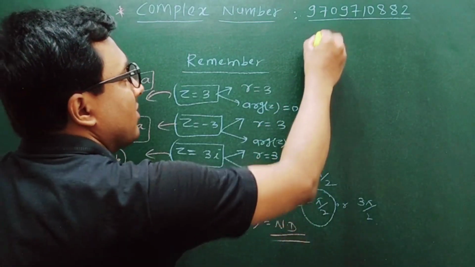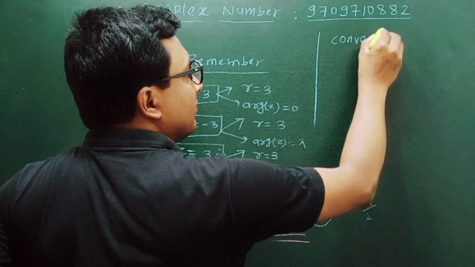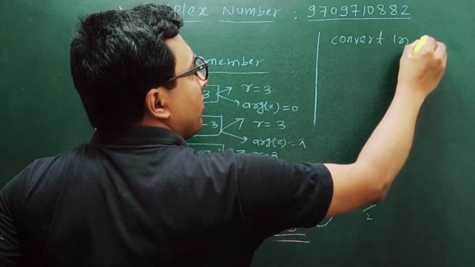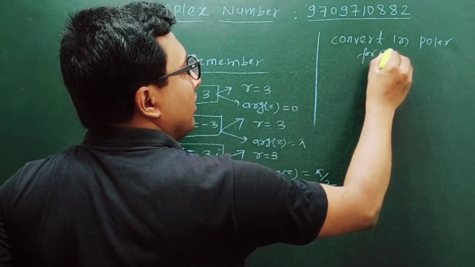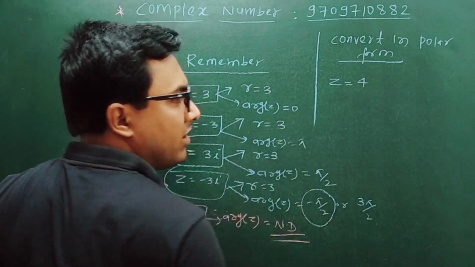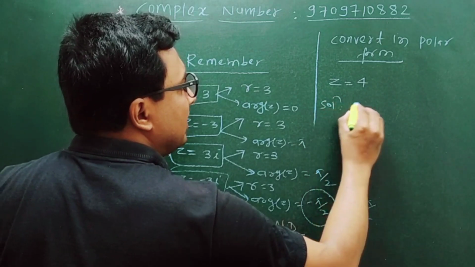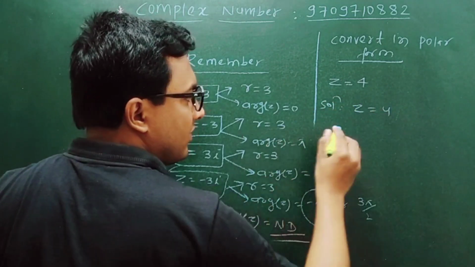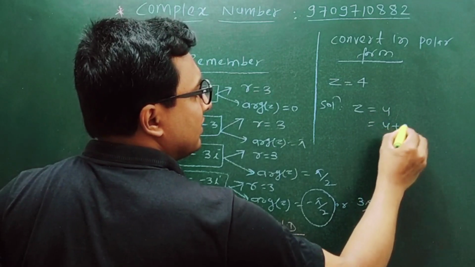How to use this direct concept in a question? See here. Convert in polar form: z is equal to 4, right? Solution. z is equal to 4, therefore 4 plus 0 iota.